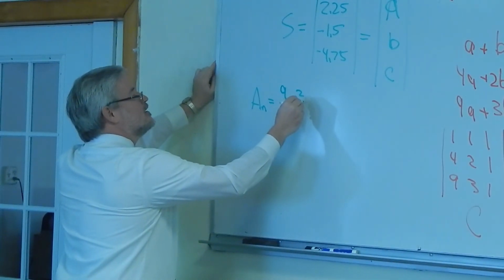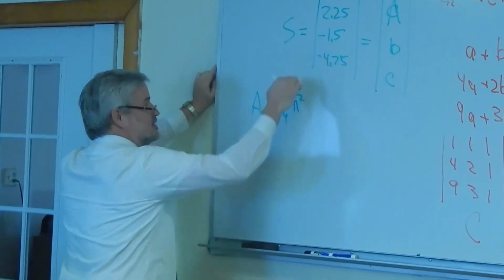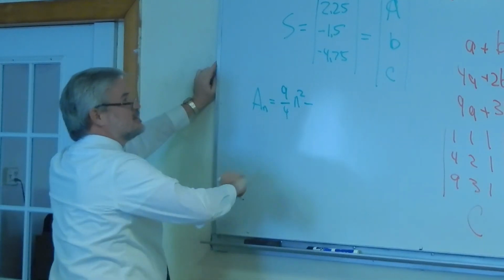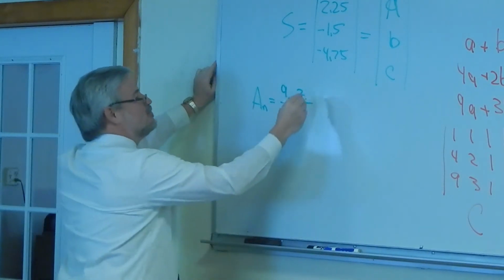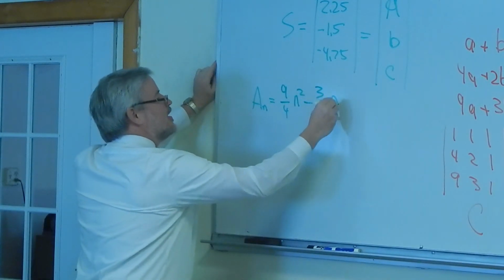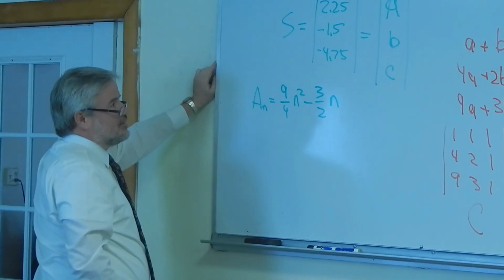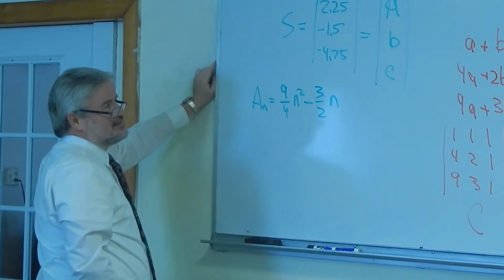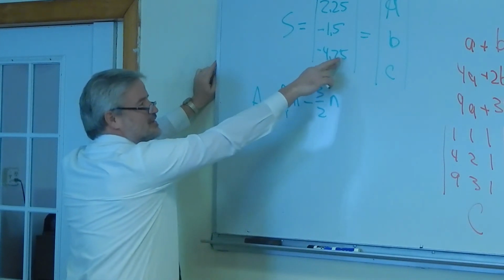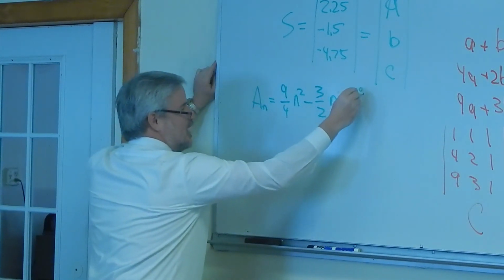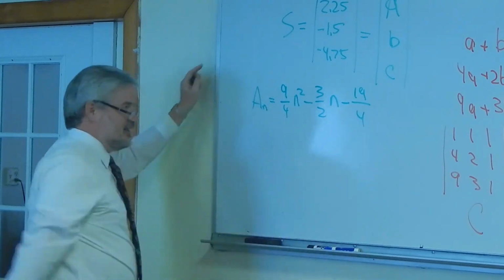Minus 3 halves N. Minus 19. How many quarters? 16 plus 3 is what? Minus 19 over 4. It's not a particularly pretty explicit formula, is it?